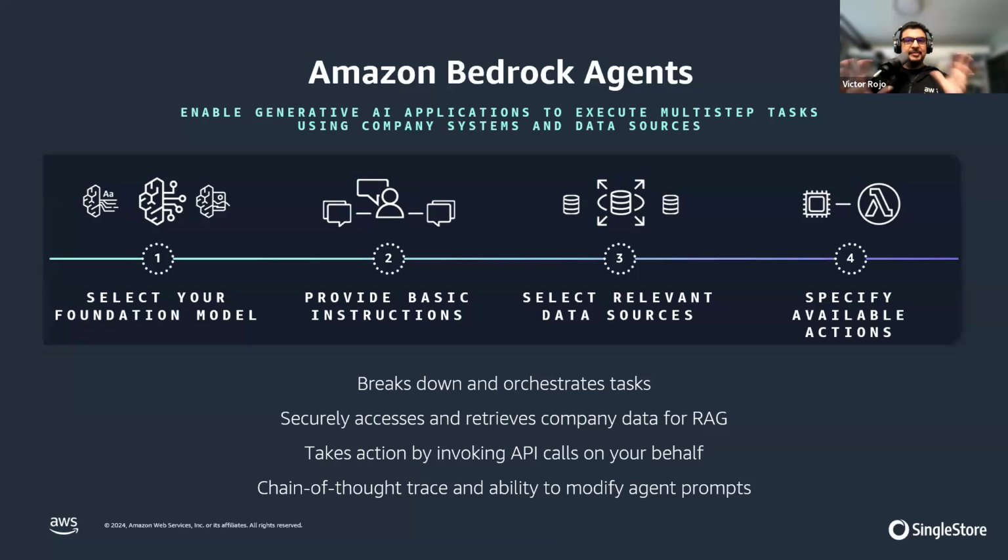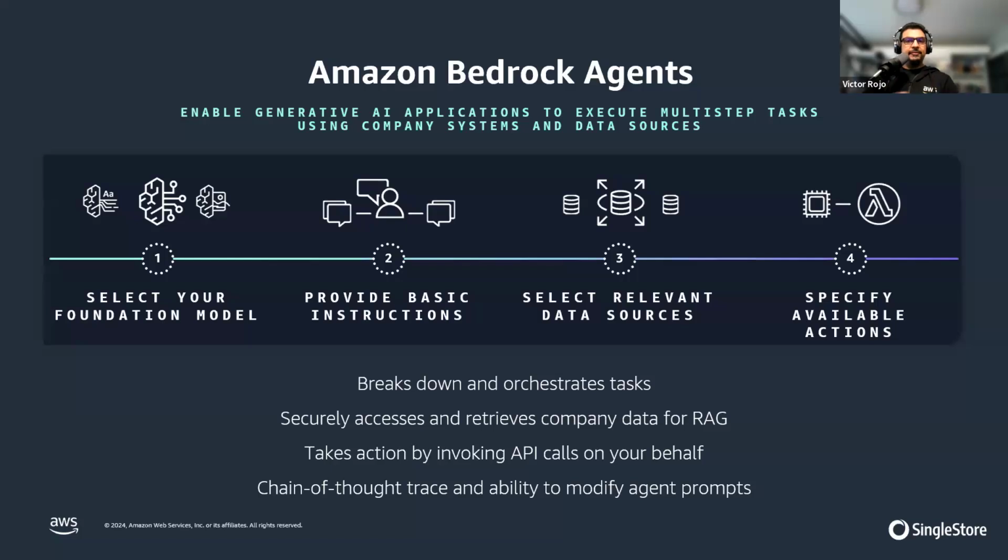Amazon Bedrock agents help to plan and execute multi-step tasks using company systems and data sources, which could go from answering customer questions about product availability to taking their orders. That is what agents can be capable of doing. With Amazon Bedrock, it's easy to create agents.